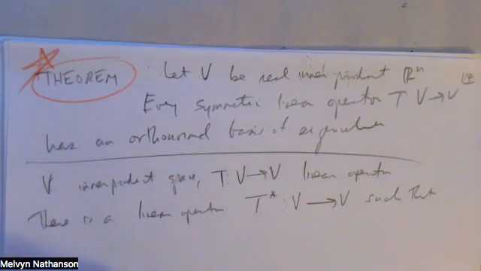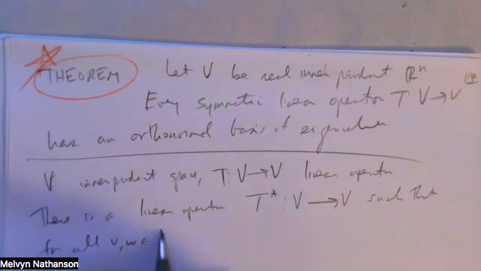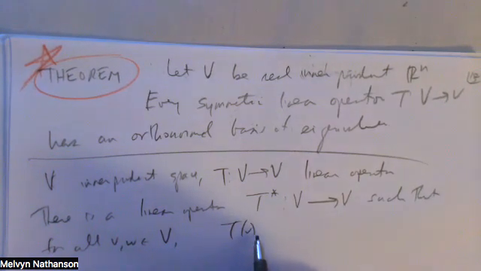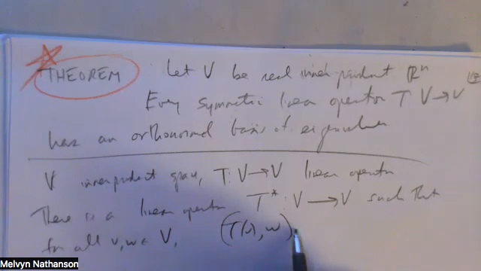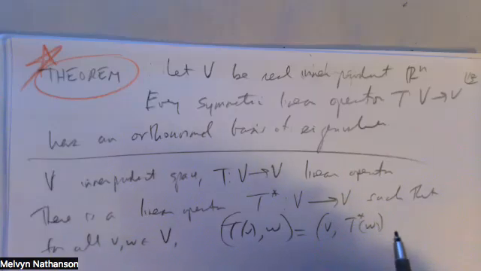such that for all vectors v and w in V, if I take the inner product of T of v with w, that's the same as the inner product of v with T star of w.